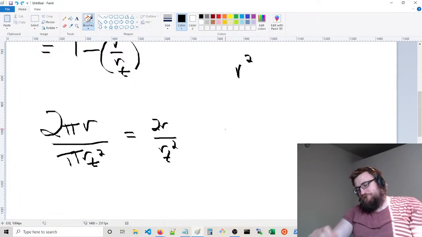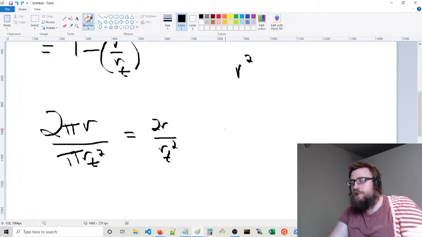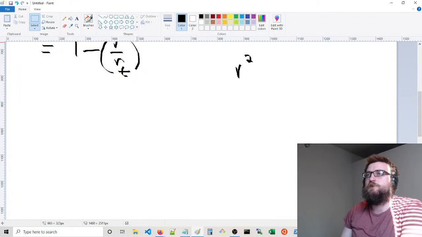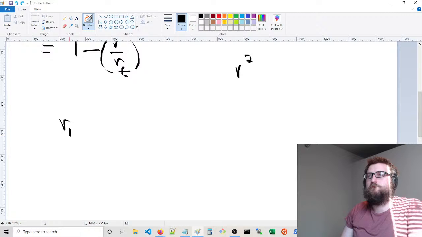Like, let's take the factor that we're multiplying by r out. Let's make r of t just 1. Keep it simple. So just unit circle.